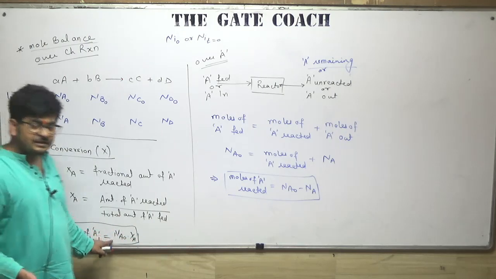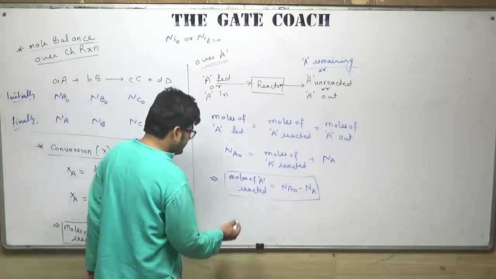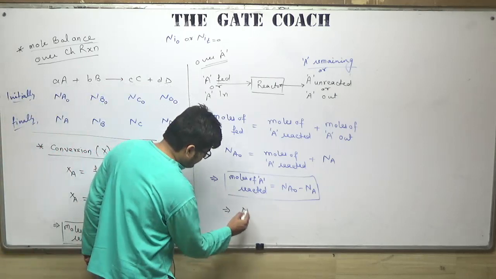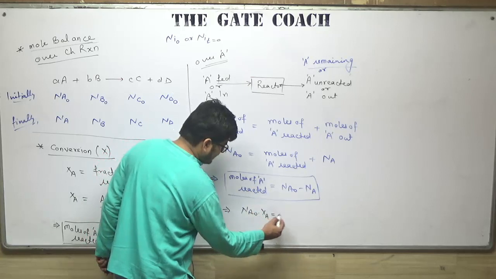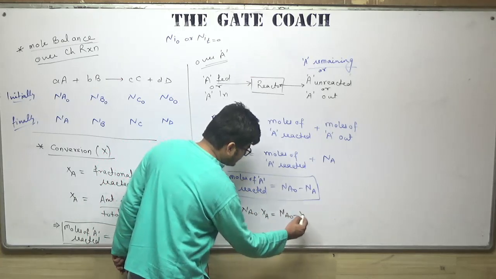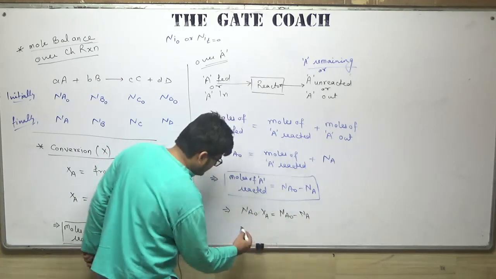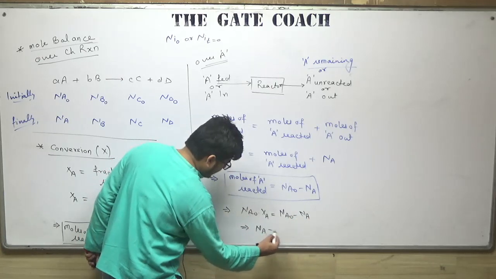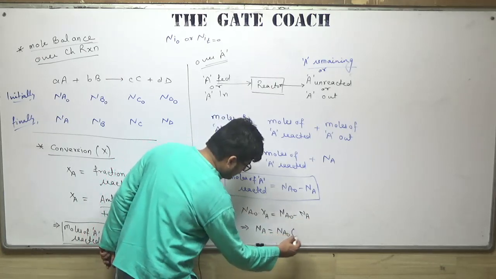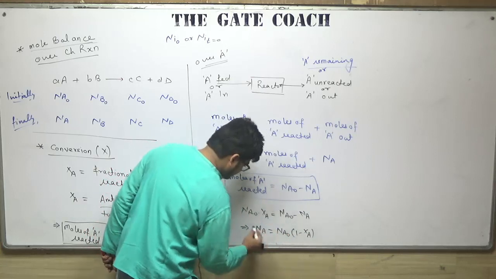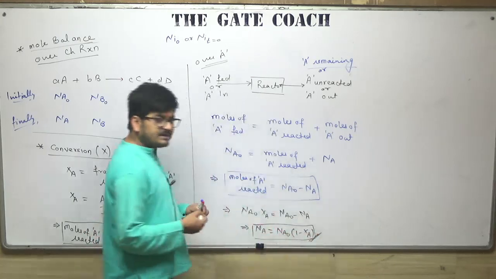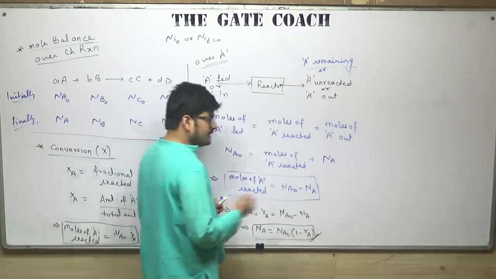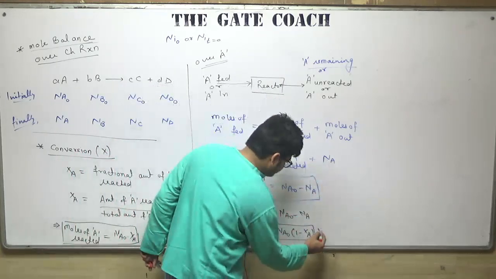And if you put this value here, you will get moles of A reacted means Na naught into XA. That is equal to Na naught minus Na. Or you can write it as Na is equal to Na naught times 1 minus XA. And remember guys, this expression is valid for all the cases.